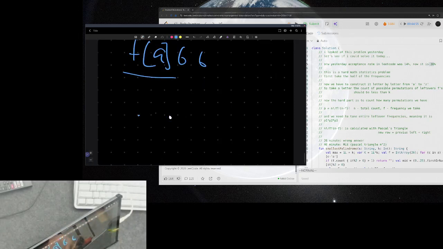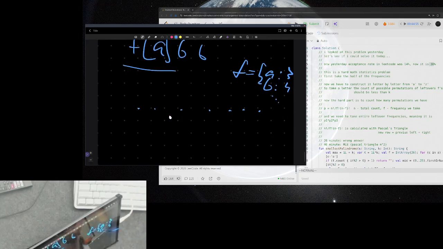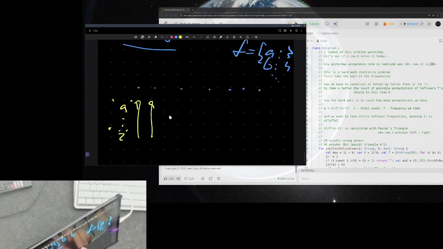So we have positions, we have frequency equals some, for example, A, 3 letters, B, 4 letters, and so on, from A to Z, and then we take it one by one, and we try to place from A to Z for the first position, then for the second position, and so on.